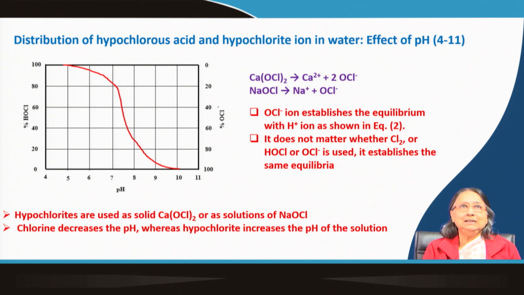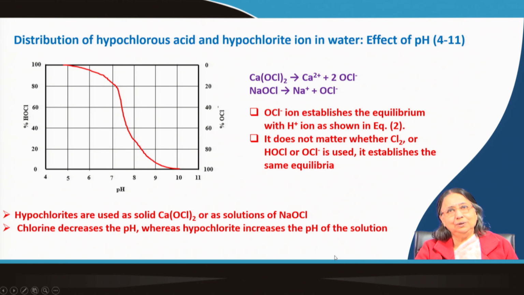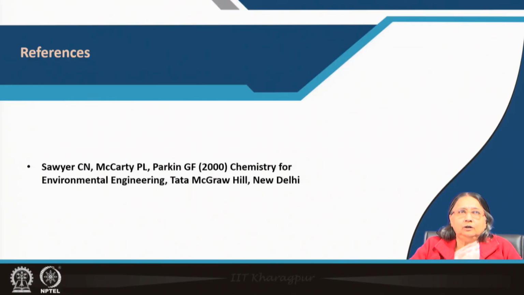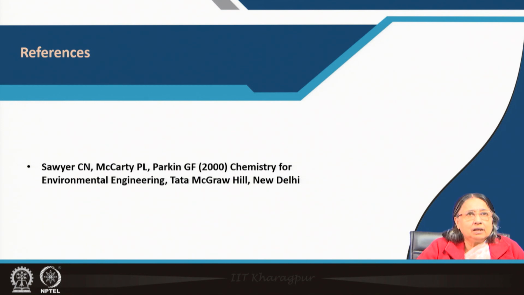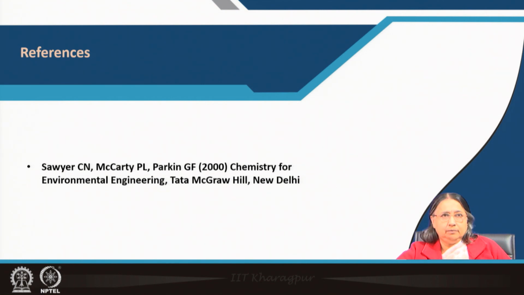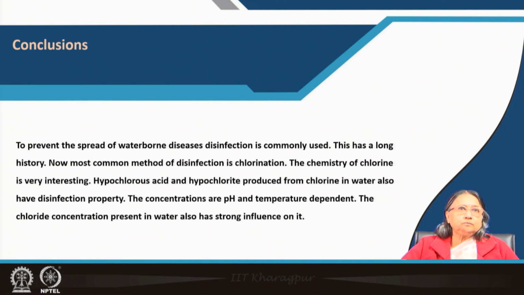So, that is why chlorine decreases the pH, whereas hypochlorite increases the pH of the solution. According to the pH of the solution, your disinfection also may vary. For this, the reference is McCarty, again the same book I am recommending, Chemistry for Environmental Engineering, which explains all the steps very nicely. You can read it more elaborately there.